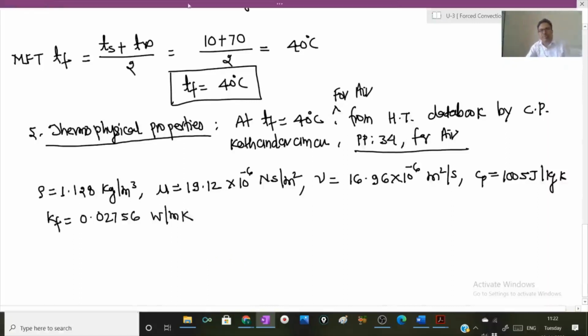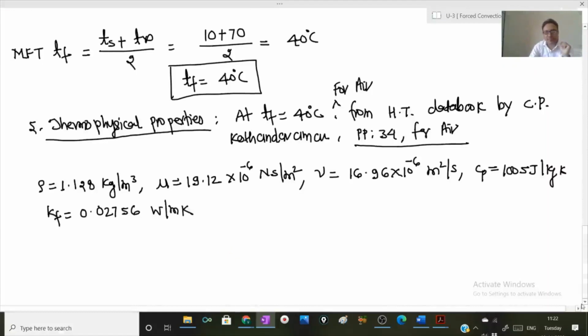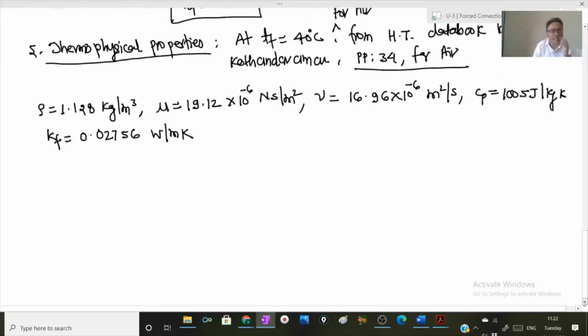So I could sum up all these thermophysical properties. Then step number 6 is to identify boundary conditions.